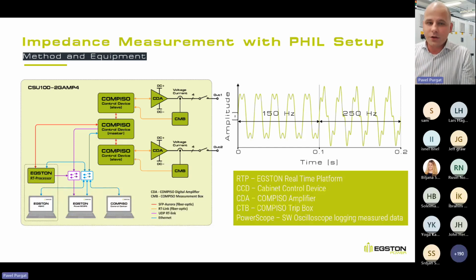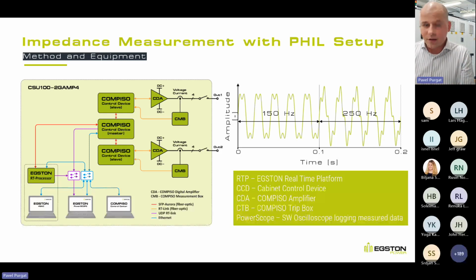Also, if the duration of the perturbation is too short, the device that we are testing might be unstable, and such a measurement would not be valid for calculating the impedance. And then the impedance itself is calculated using the fast Fourier transform for both voltage and current, and then doing the necessary arithmetic.